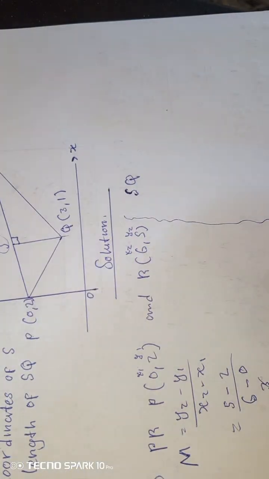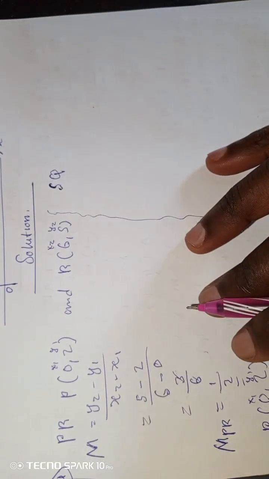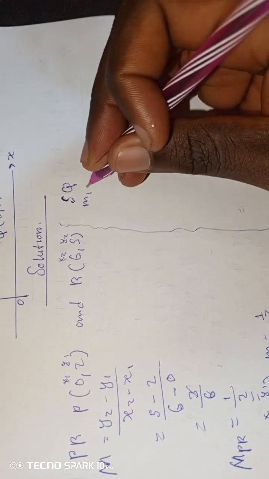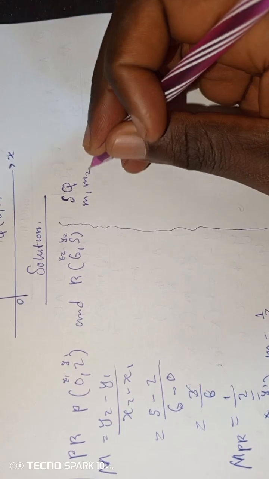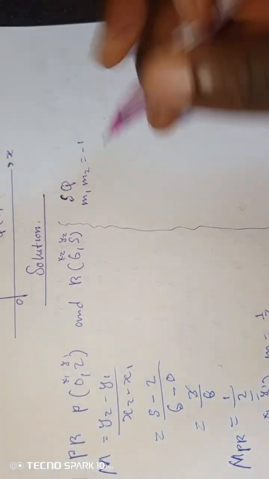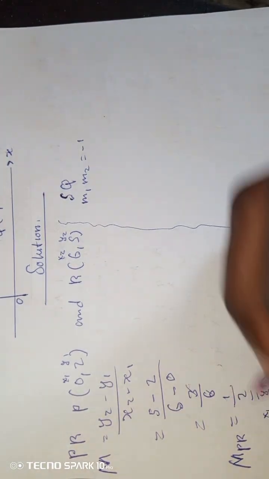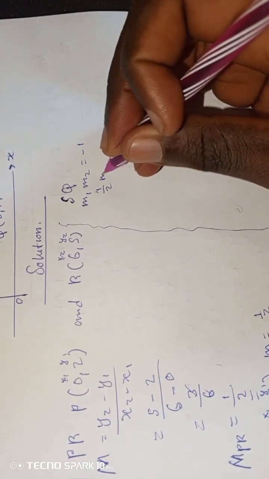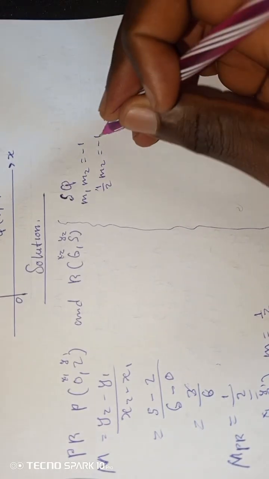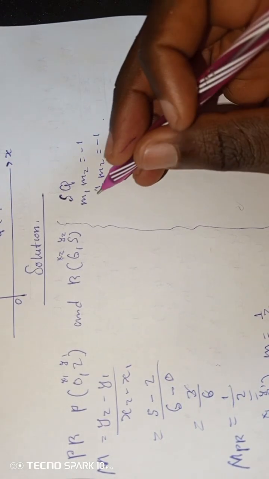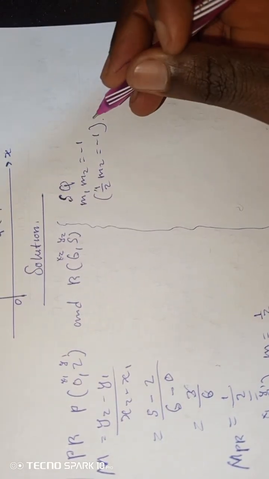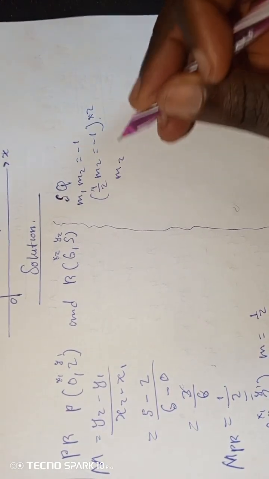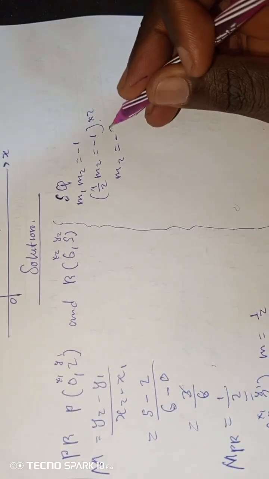So since we already know the gradient for PR, we use this formula here: M1 multiplied by M2 should equal -1. And our M1 gradient is for PR. So here we have 1 over 2 times M2 equals -1. Then we multiply both sides by 2. So here we have M2 equals -2.